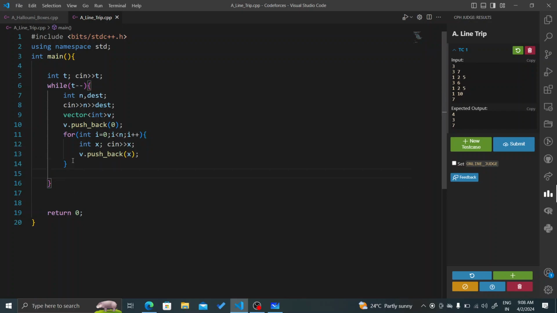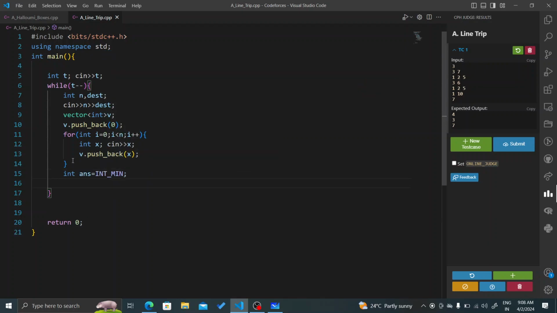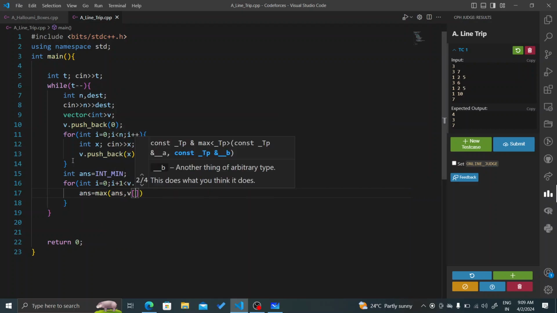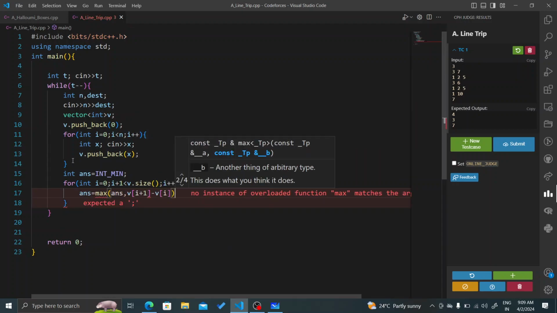So after that, we will initialize the answer equals to int min, as we are going to take the maximum between two consecutive things. So we will take int i equals to 0, i plus 1 less than v dot size. I am taking v dot size here because we have the size of vector as n plus 1 now. Okay, so let's take the answer equals to max of answer comma v of i plus 1 minus v of i.